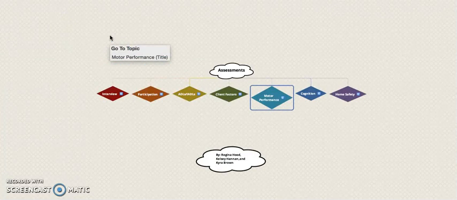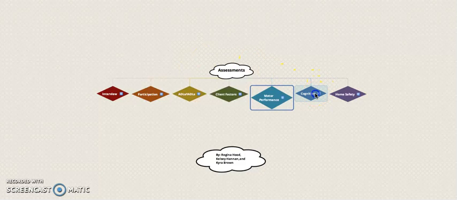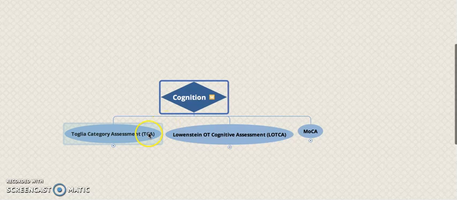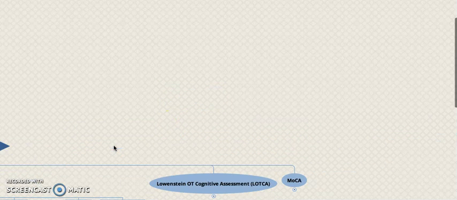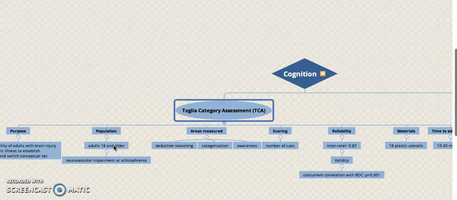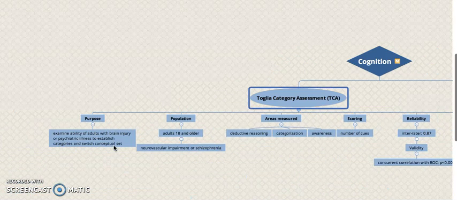Okay. Now on to the cognitive assessments. First one is the Toglia Category Assessment, or TCA. The purpose is to examine the ability of adults with brain injury or psychiatric illness to establish categories and switch conceptual sets. The population is adults 18 and older who have neurovascular impairment or schizophrenia.